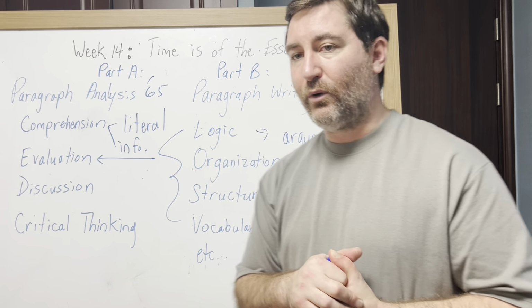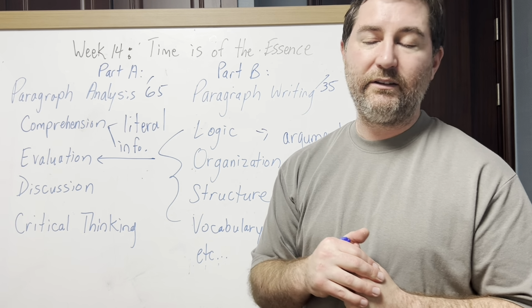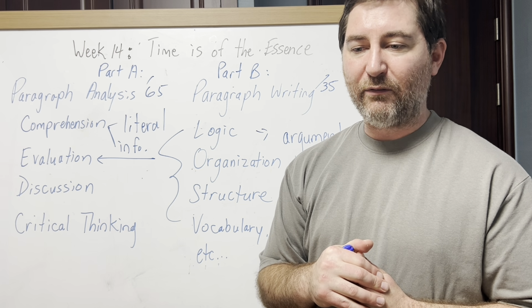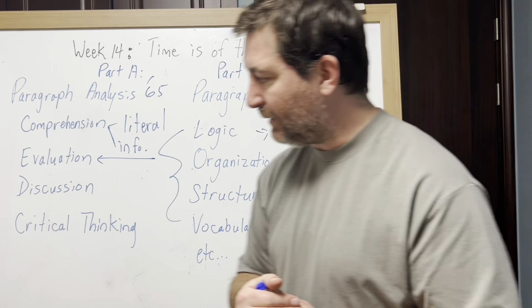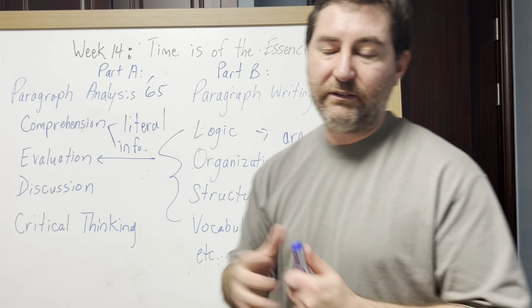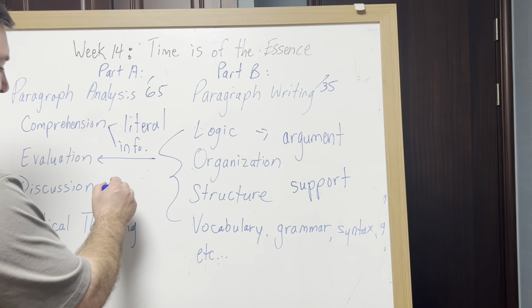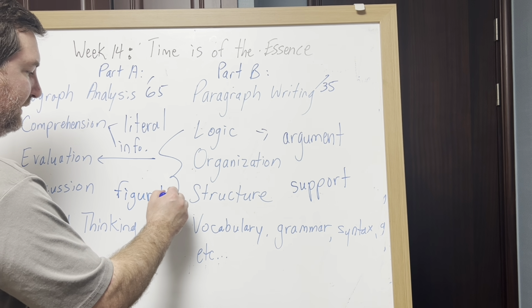So as I said before, the hardest part of the exam probably is the discussion and critical thinking questions, although depending on how fast you write and how comfortable you are with English, maybe part B will just be the hardest part. But discussion and critical thinking require you to think figuratively sometimes about abstract things, right?